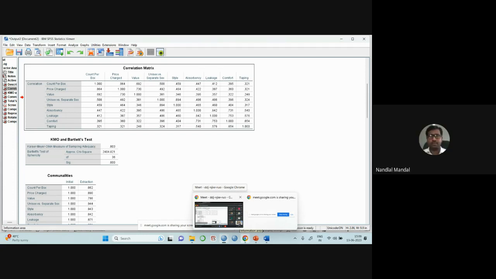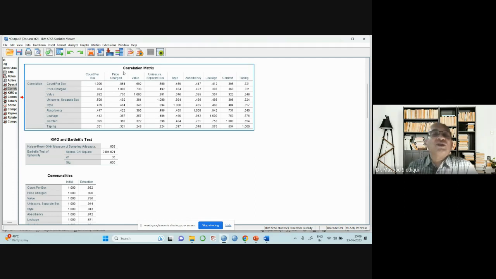Okay. Sir, explain once more, sir. Okay. So we discussed the correlation matrix. This is a symmetric matrix. We have similar variables on the row side and similar variables on the column side.